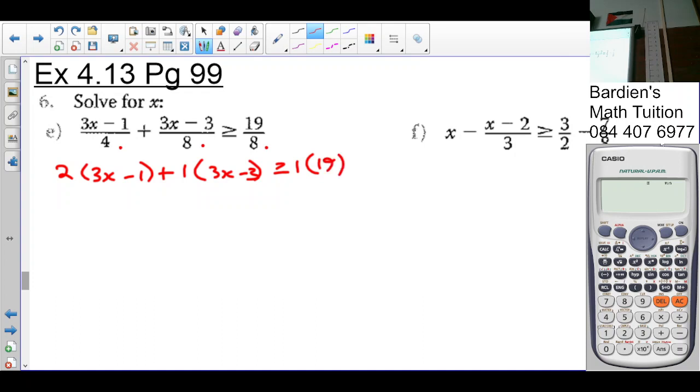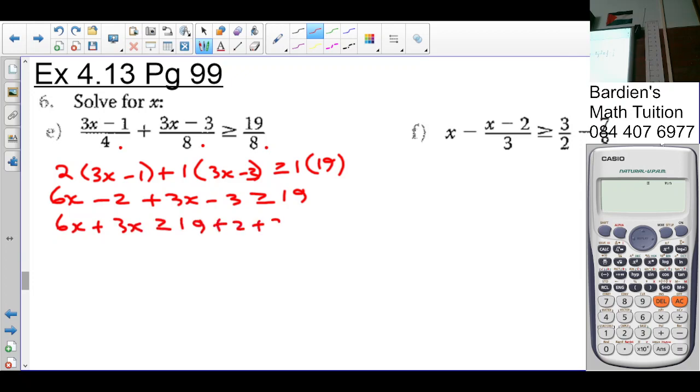So now it gives us 6x minus 2 plus 3x minus 3 must be greater or equal to 19. X is one side, numbers on the other side. So 6x plus 3x must be greater or equal to 19 plus 2 plus 3. What is 6x plus 3x? 9x must be greater or equal to 24.